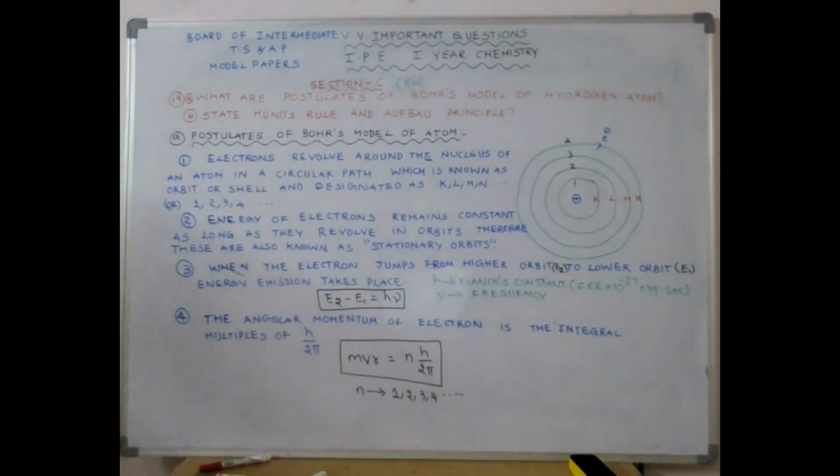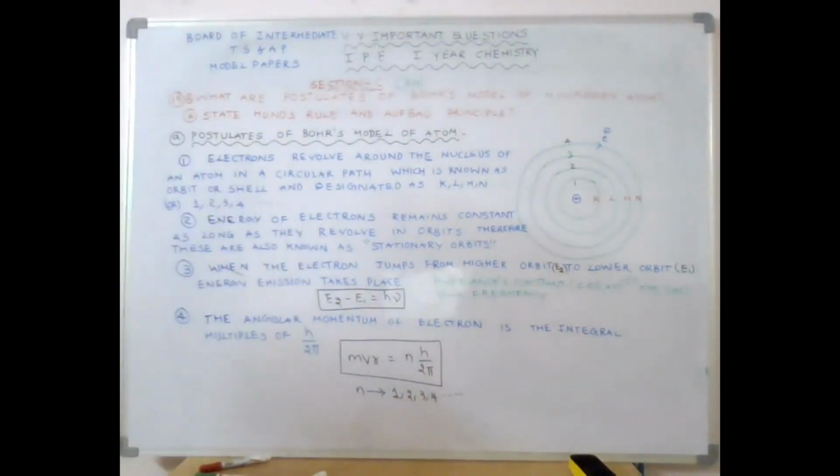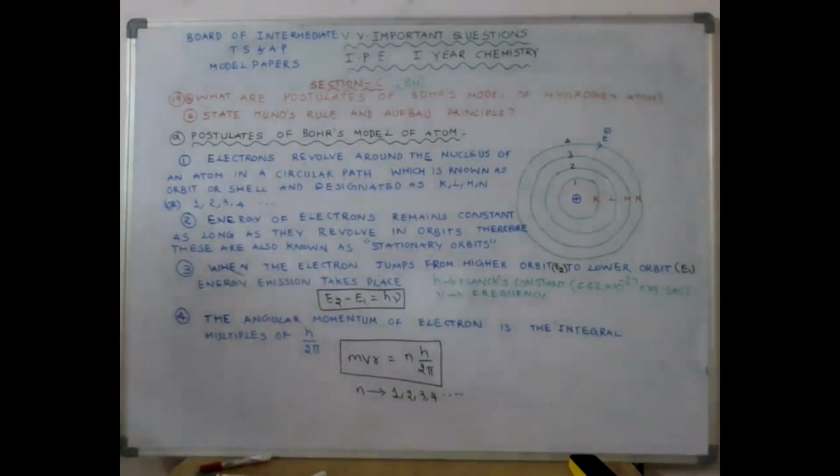Integral multiples of h by 2 pi. m is mass. v is velocity. r is radius of the orbit. h is Planck's constant, right? That's about the postulates. These are the postulates we have to write.